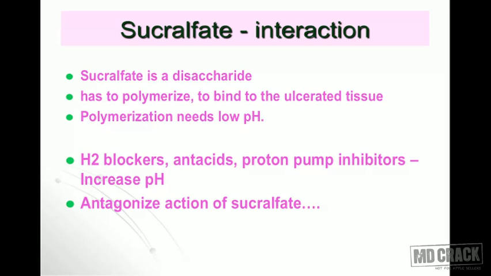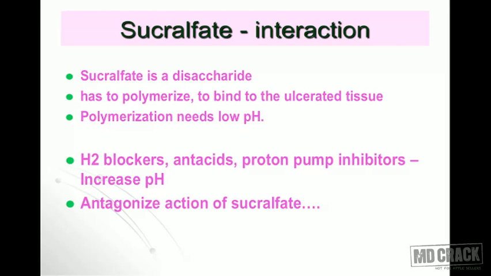So if it has to become active, if it has to start its action, it has to polymerize to bind to the ulcerated tissue. Okay, so you want a disaccharide to get polymerized. If this is to happen, sucralfate needs low gastric pH. It means the pH of the stomach should be low, then the disaccharide can easily get polymerized and go into the other form, that's the polymerized form, and then get bound to the ulcerated tissue.